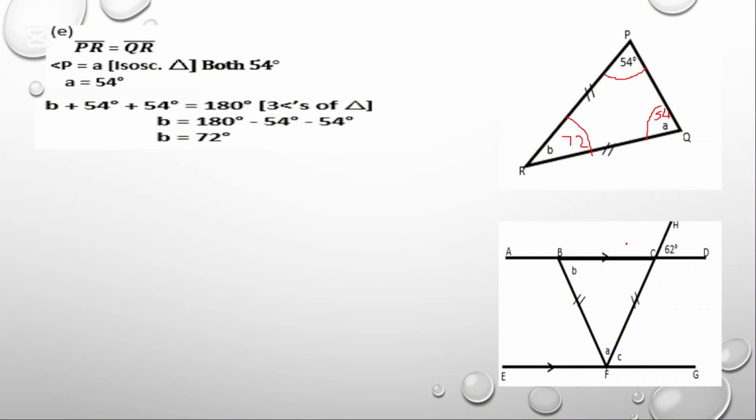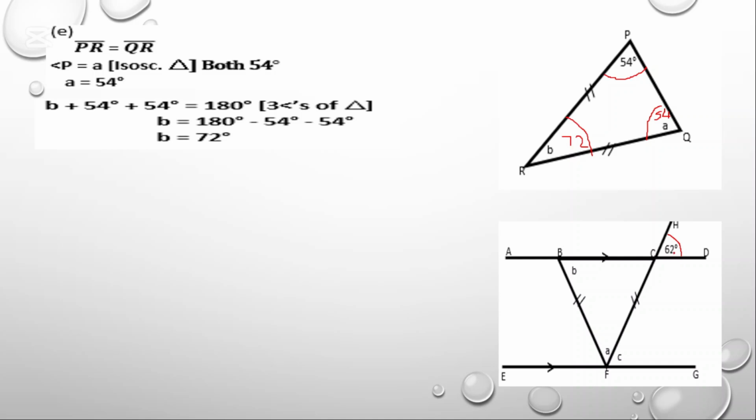Wow, now we have quite an interesting figure. We have two parallel lines and we have an isosceles triangle. Oopsie daisy. We have an isosceles triangle and we have parallel lines. Here is only one given angle, 62 degrees.